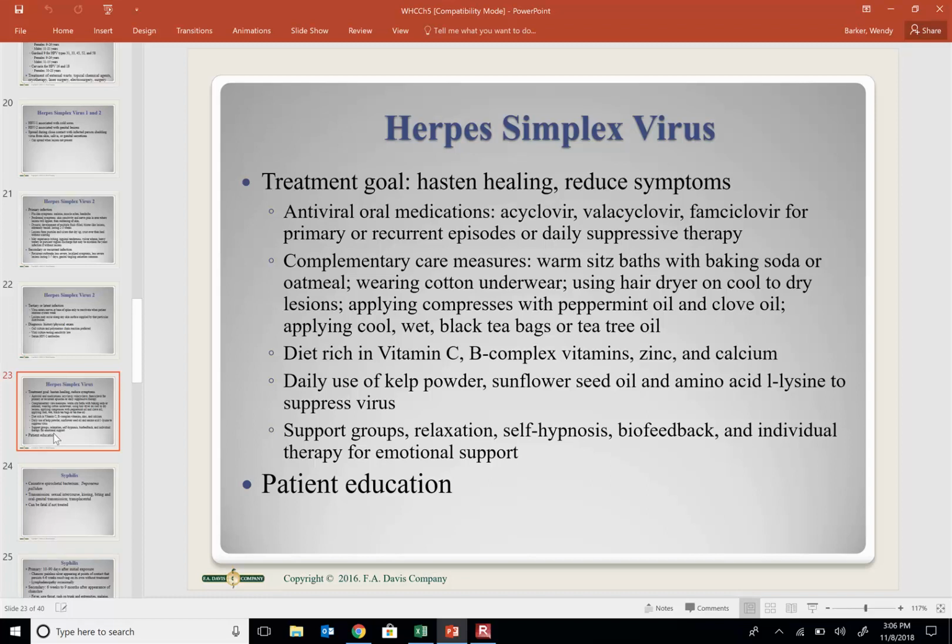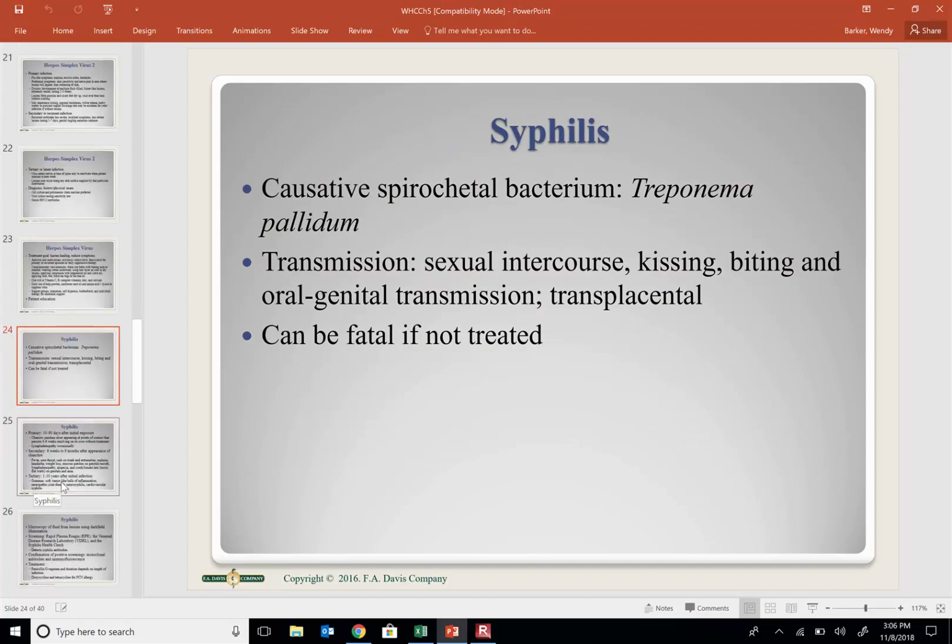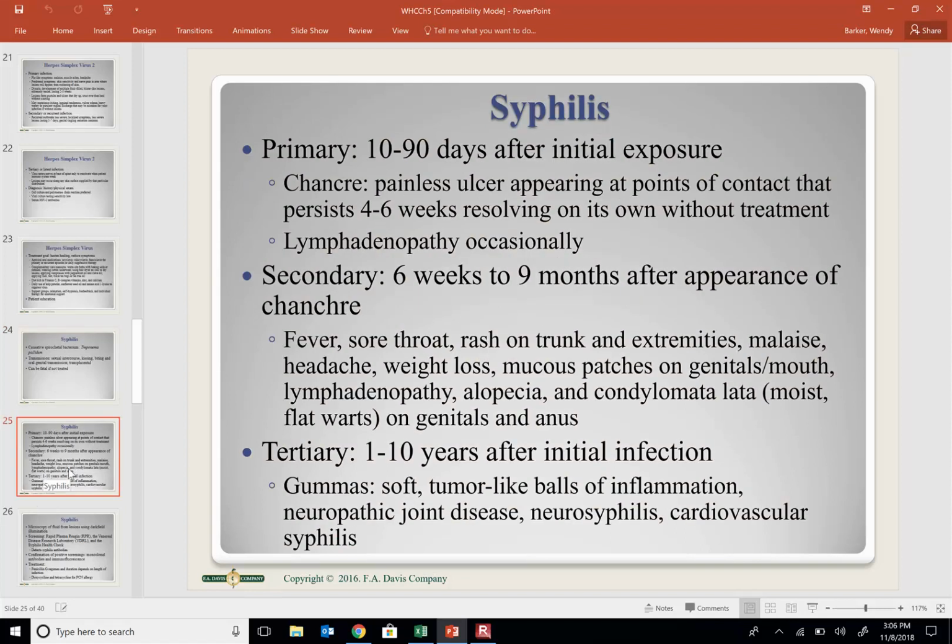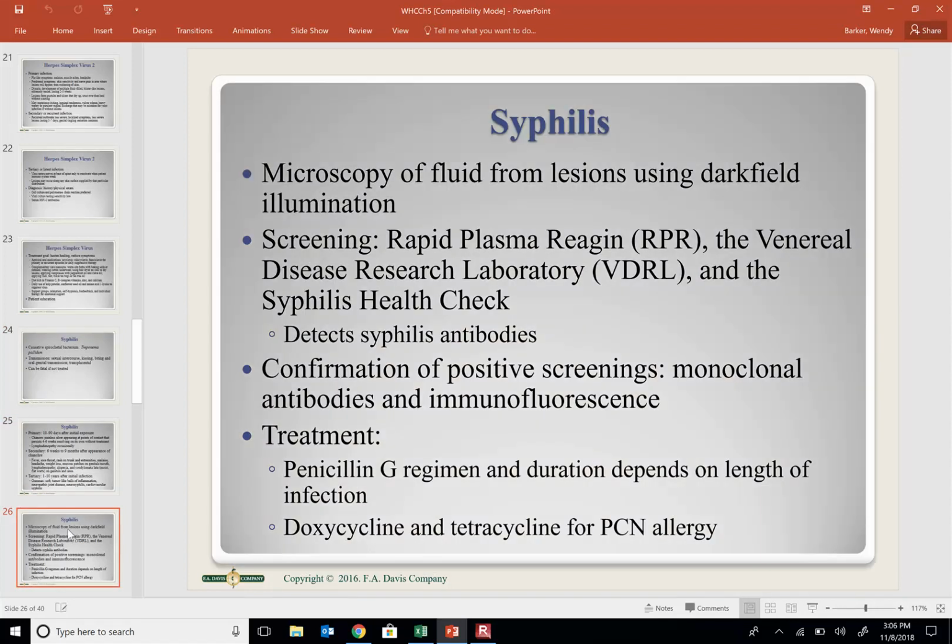Okay, so especially in the pregnant population, what is the treatment for suppression of symptoms? Syphilis, I just want you to know what syphilis is, and the primary treatment for syphilis. Okay.